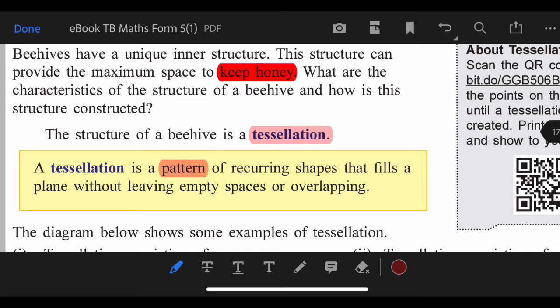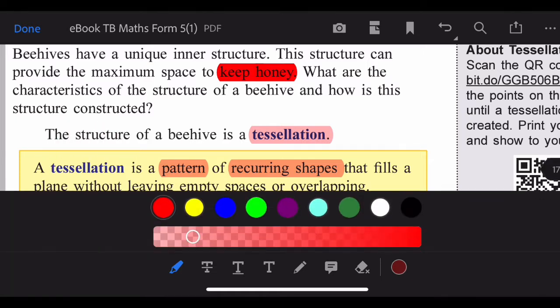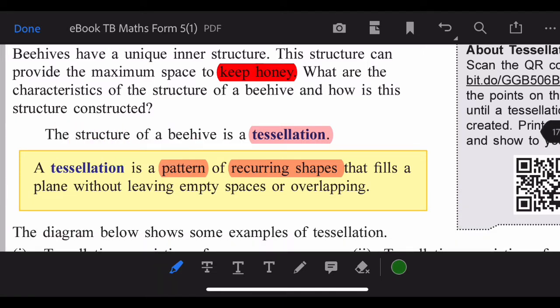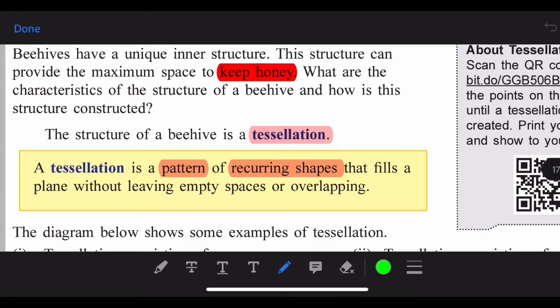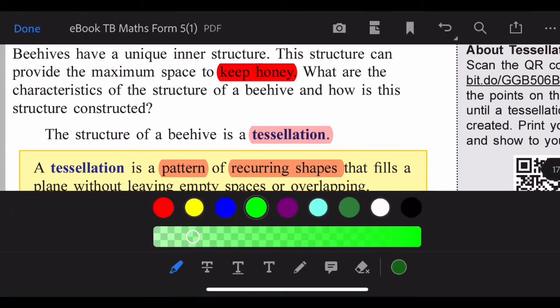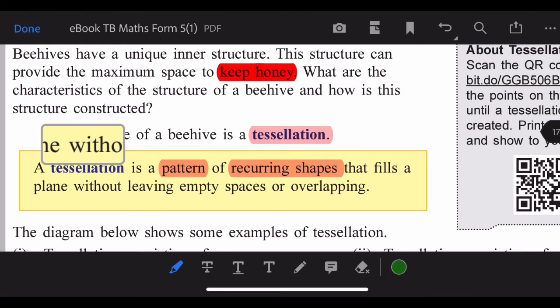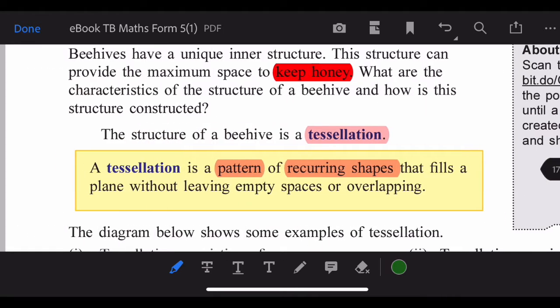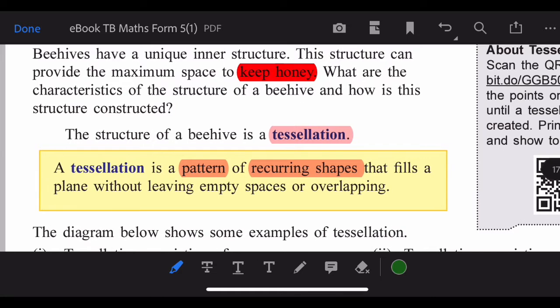a pattern of recurring shapes that fills a plane without leaving empty spaces. I want to highlight the keywords: without leaving empty spaces, or overlapping, right?